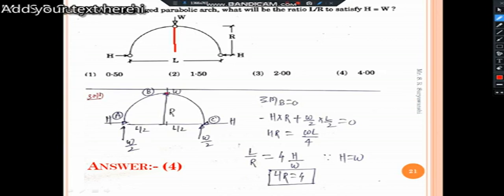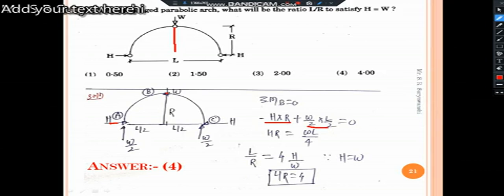If you take the summation of moment at point B equal to 0, so what we get? So this H into R, anti-clockwise moment, that's why minus moment of this reaction W by 2 at B, it will be clockwise, so that's why W by 2 into L by 2 is equal to 0. So if you simplify, we get H into R is equal to WL by 4.